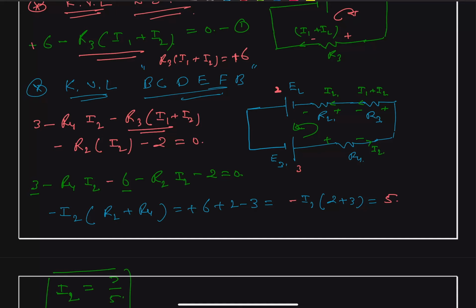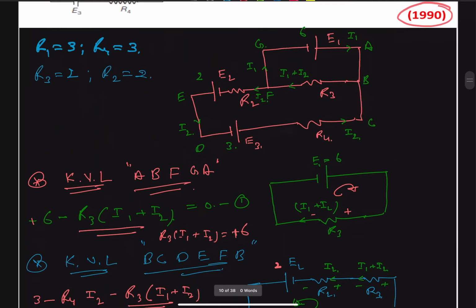I think I missed something. Doesn't look right. So this is plus minus, fall in potential. This is minus R2. This is R3 fall in potential, and this is our I2.